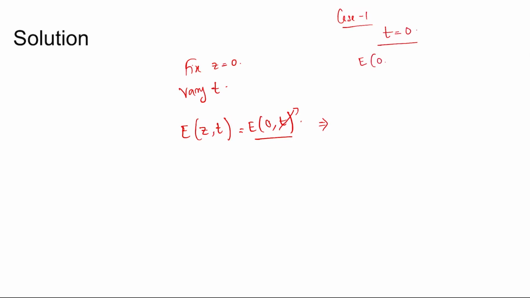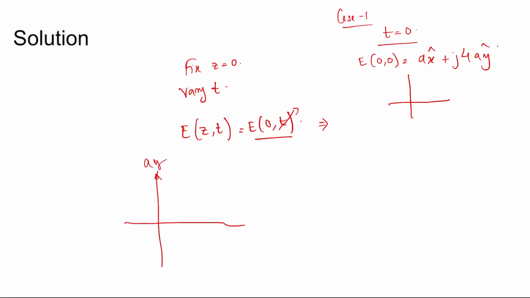Then E(0,0) is ax hat plus j4ay hat. Let's draw it here: Ay, Ax. The propagation is in the az direction, so it is out of the board. So it was here at t equal to 0, z equal to 0.